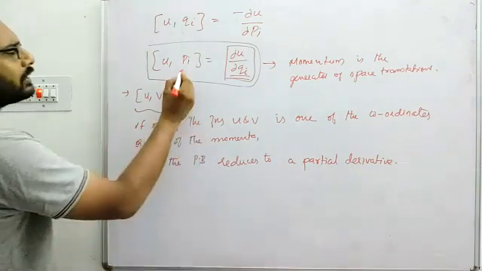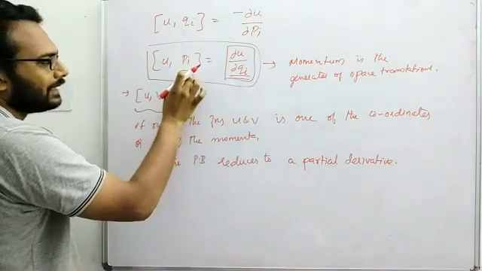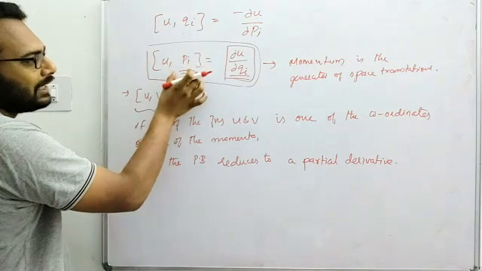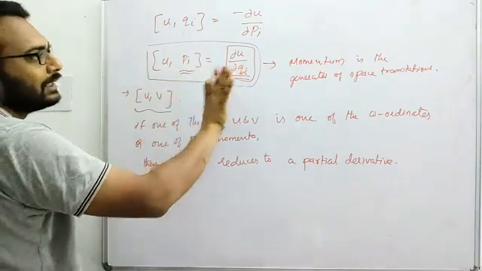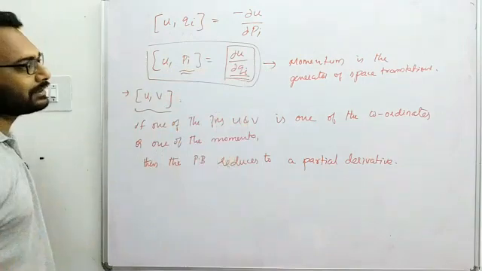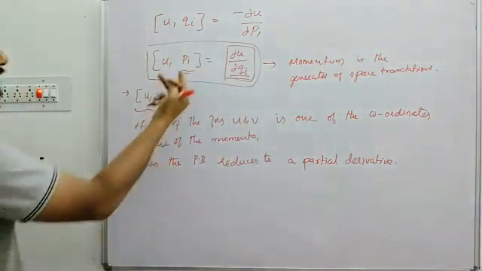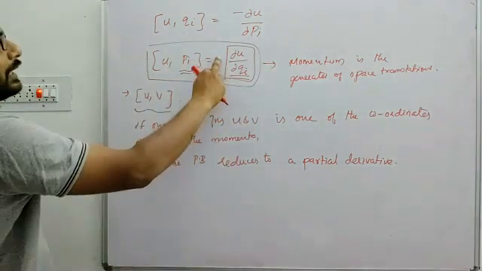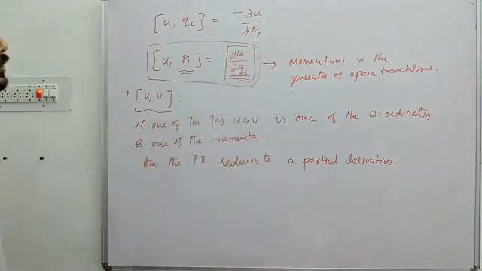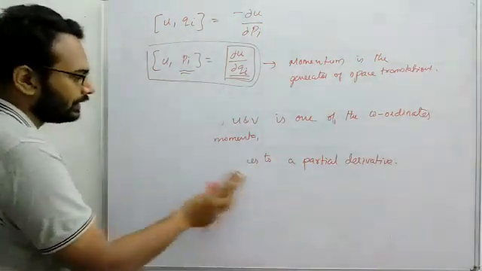It's easy to remember because if pi comes in the second place, then this is just a space translation, and we know that momentum is the generator of space translation. So this will come with a plus sign, dou u by dou qi, and that will be with a minus sign. Some problems you can quickly solve using this method without going into all the steps.